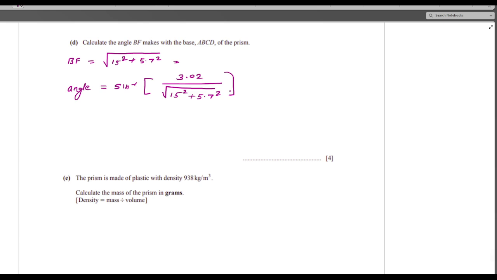The numerator is 3.02 and the denominator is the square root of 15 square plus 5.7 square. So your answer is 10.8 degrees, up to 1 decimal place.